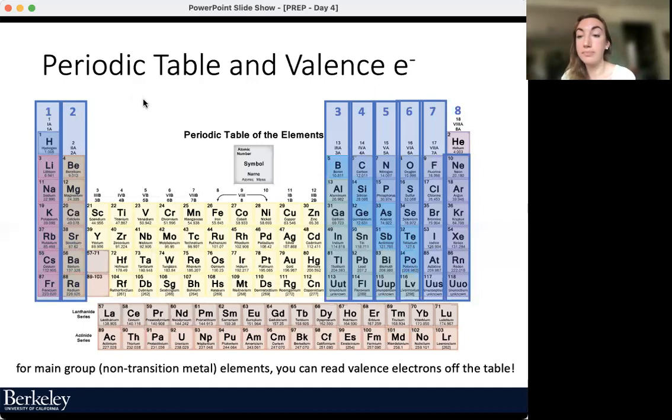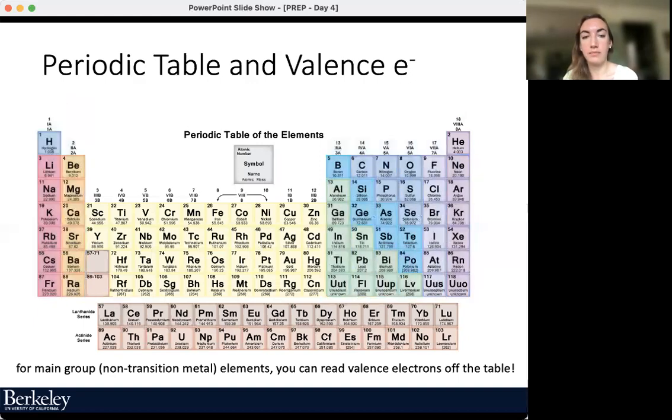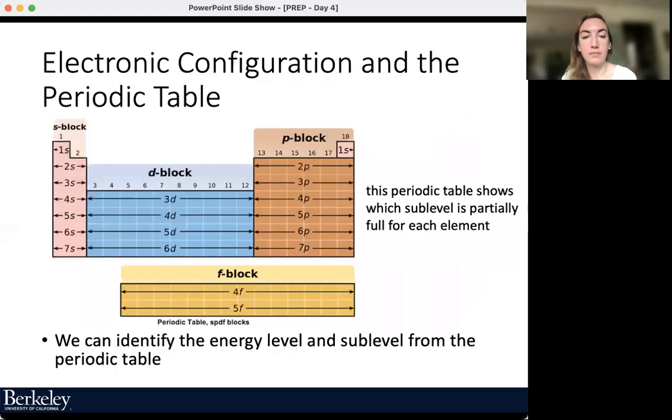I have a question. Yeah. So the previous diagram that you showed us shows the energy levels. Right. So what this is saying is whatever element is right here has its first, second, third energy levels all full, and its 5p sublevel is not full.